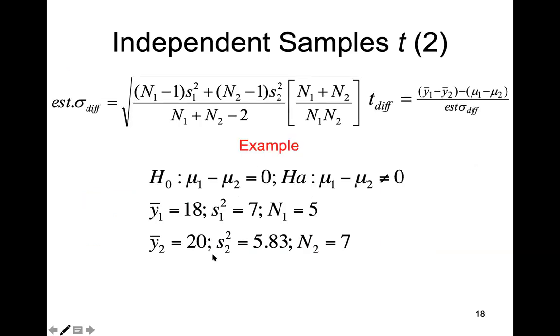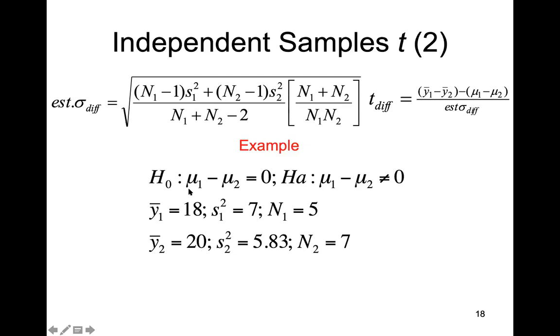Let me show you one example. I want you to do it on your own. You have all the information over here. What is my question again? From my observations, the first group has a mean of 18 and a variance of 7, and there are 5 people in this group, and there are 7 people in the second group with this variance and this mean.